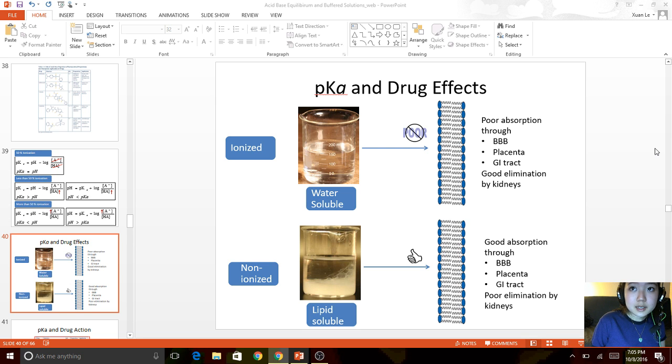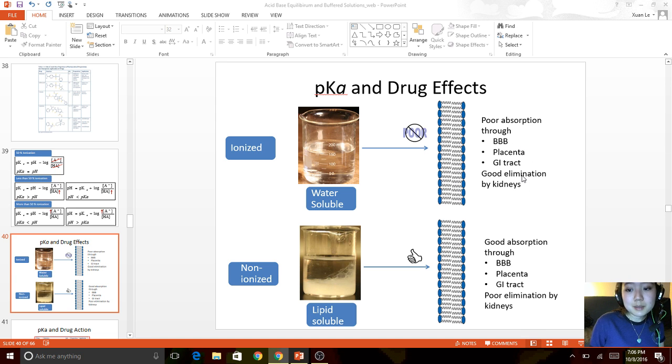So ionization is what decides the water solubility of a particular substance. The more something exists in its ionized state, right here, the more water soluble it's going to be. But that same substance is going to have poor absorption through the placenta and the GI tract and other membranes.